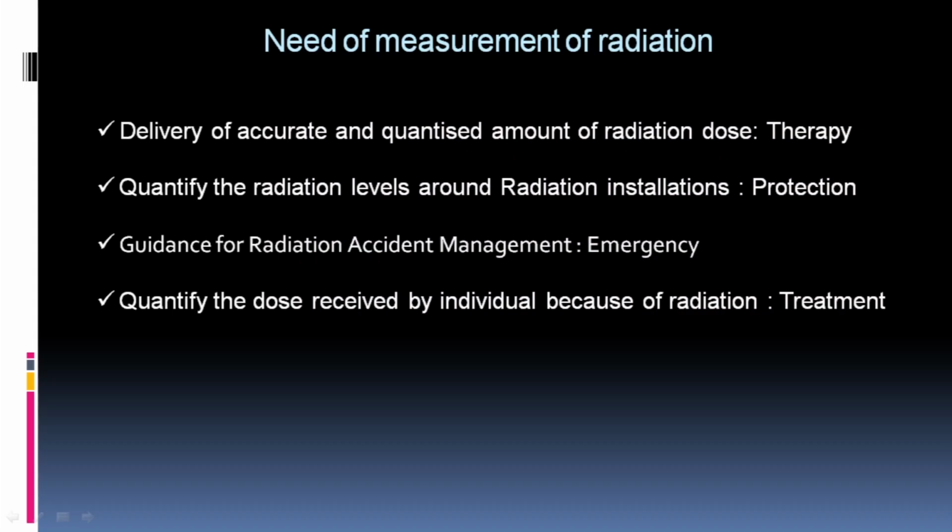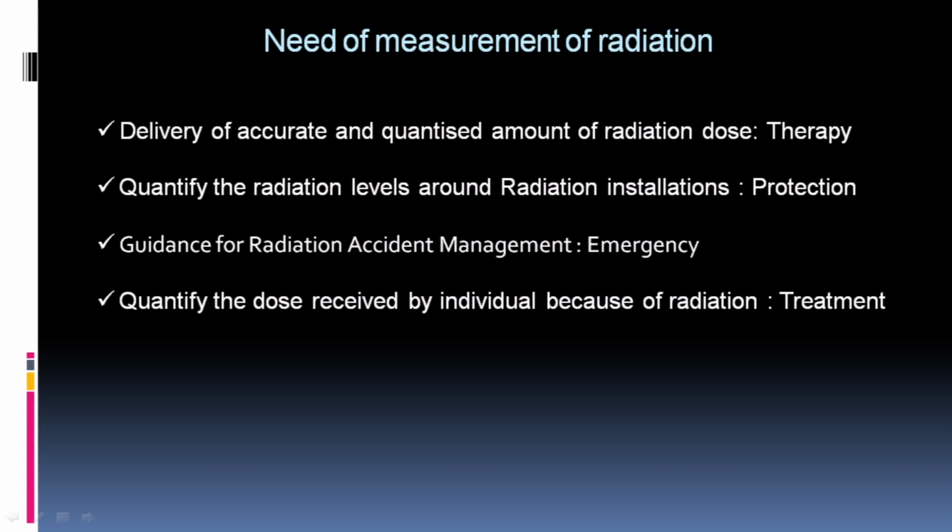We need to quantify the radiation level around radiation installations. A radiation installation may be an X-ray machine in radio diagnosis, it may be a CT scan, it may be therapeutic machines like linear accelerators, cobalt 60 therapeutic machines, or any type of radiation installation such as radiation reactors.